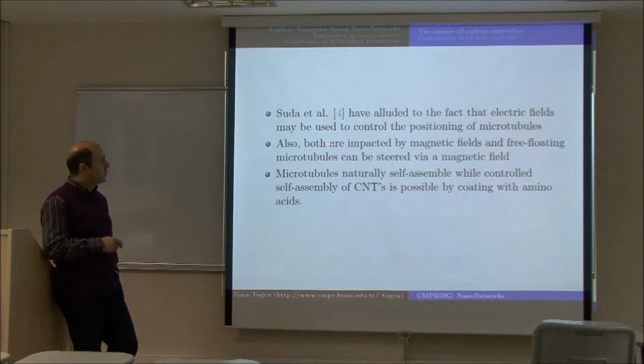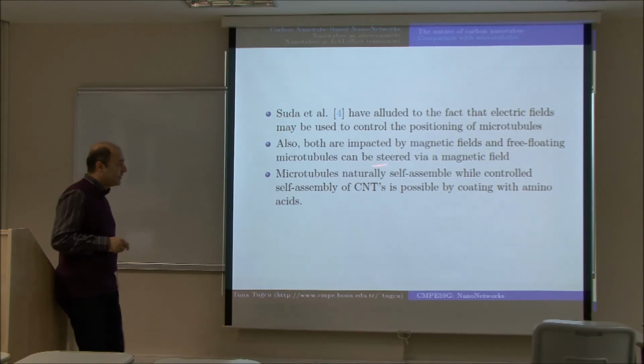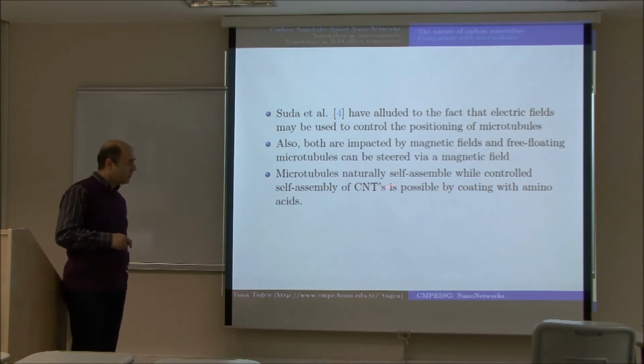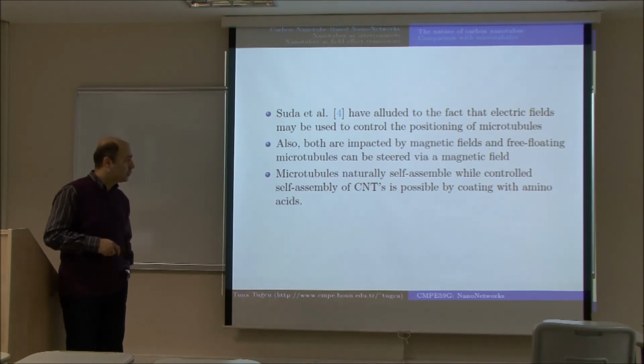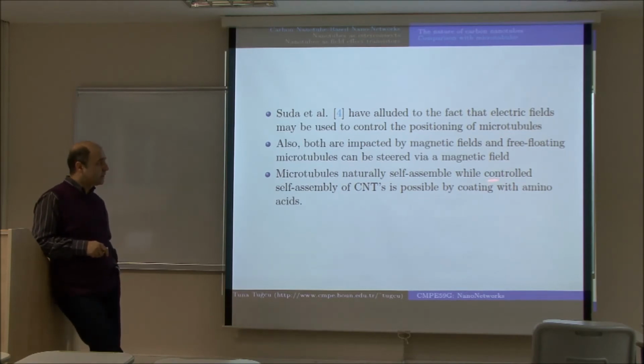And both microtubules and the carbon nanotubes are impacted by magnetic fields, and free-floating microtubules can be steered also by a magnetic field. And microtubules naturally self-assemble, while the controlled self-assembly of carbon nanotubes is possible by coating with amino acids.